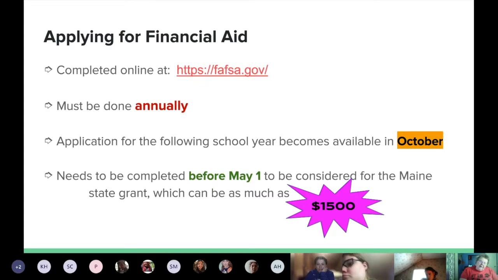They vote on this annually through the legislature. It's casino money, I believe, that's fueling it. But ultimately, it's remained about $1,500 per year for a full-time Pell eligible student.